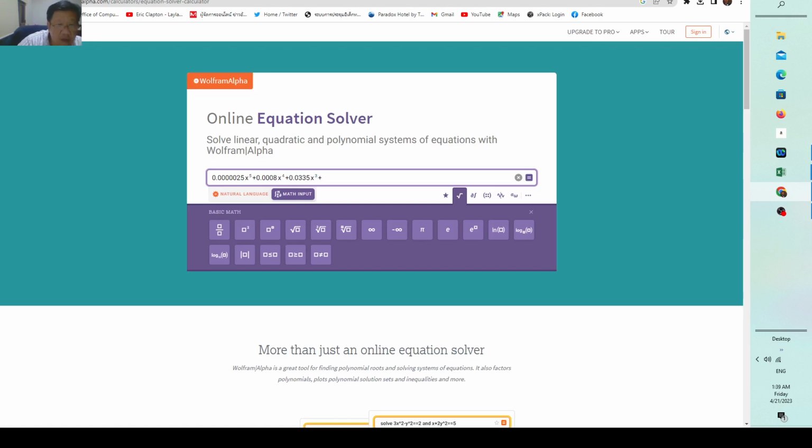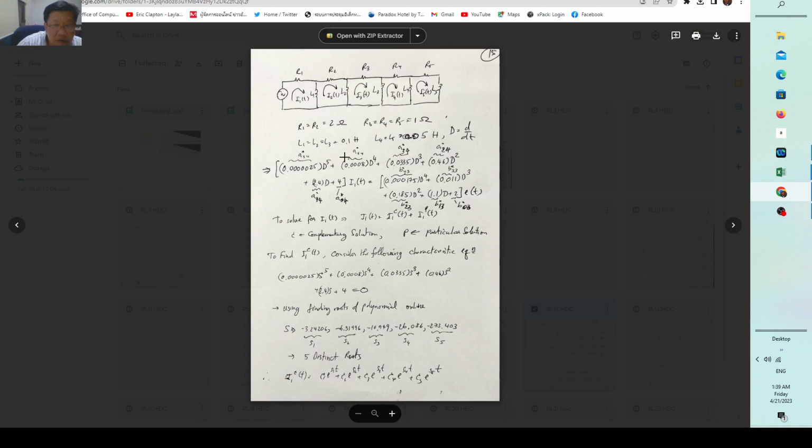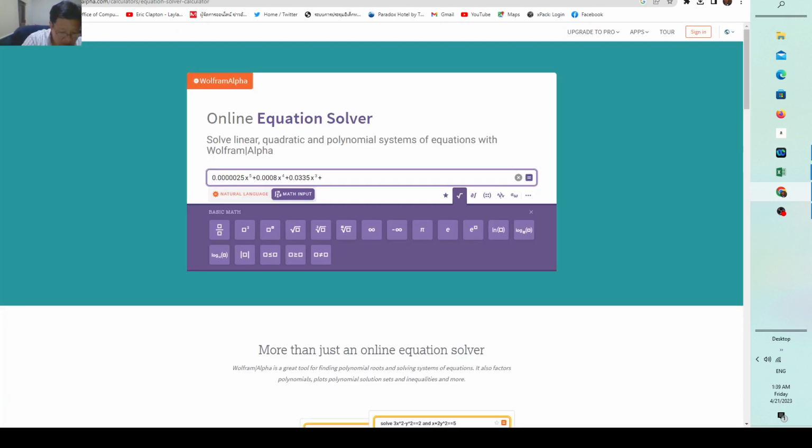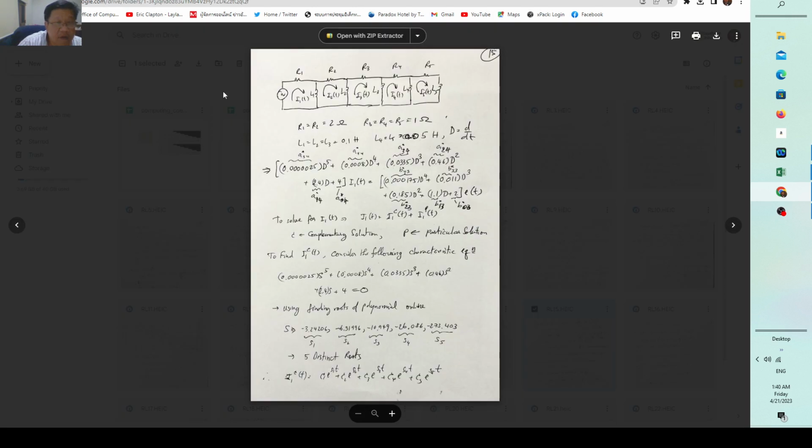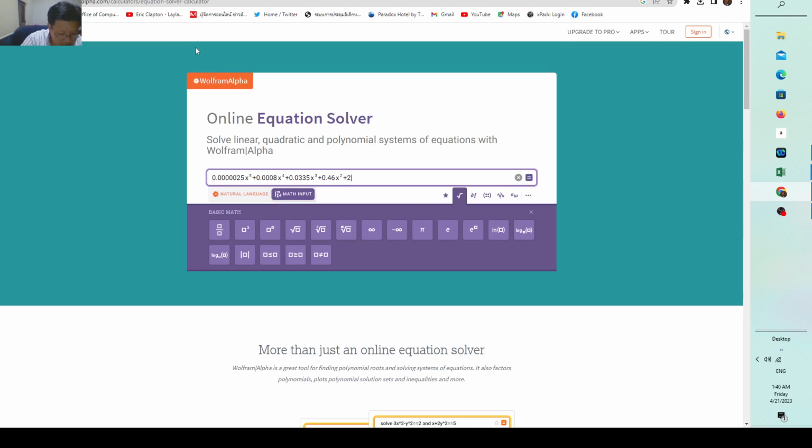Coming back here, plus 0.46 times x to the 2, and then plus 2.4x plus 4, and I say this equation equals 0.